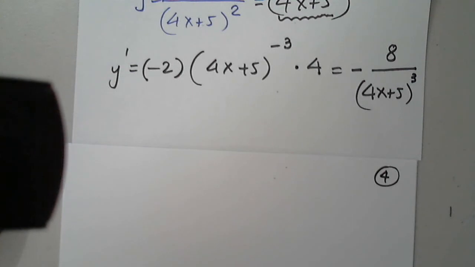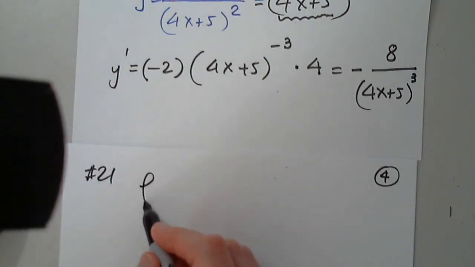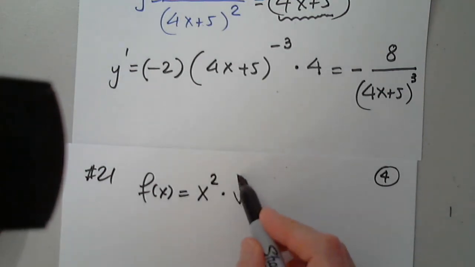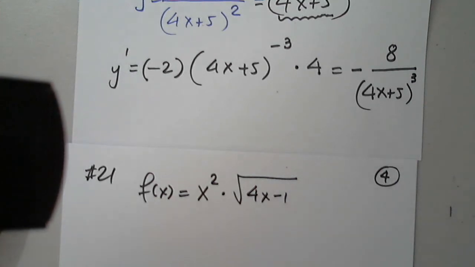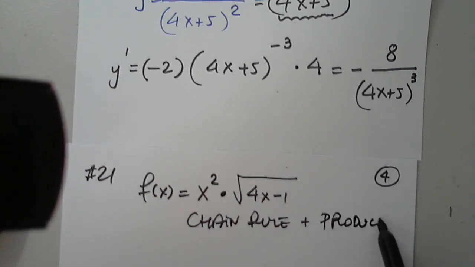Okay, let's look at 21. 21 is a combination of chain rule plus product rule. How come?